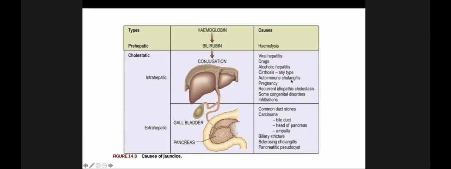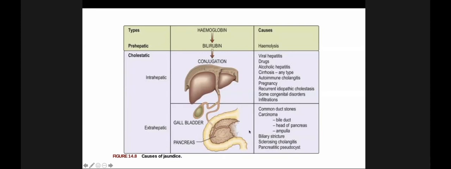Autoimmune diseases can cause jaundice, so autoimmune hepatitis and autoimmune diseases of the biliary system. Pregnancy has unique causes of jaundice. And then some congenital disorders that we mentioned, and infiltration.